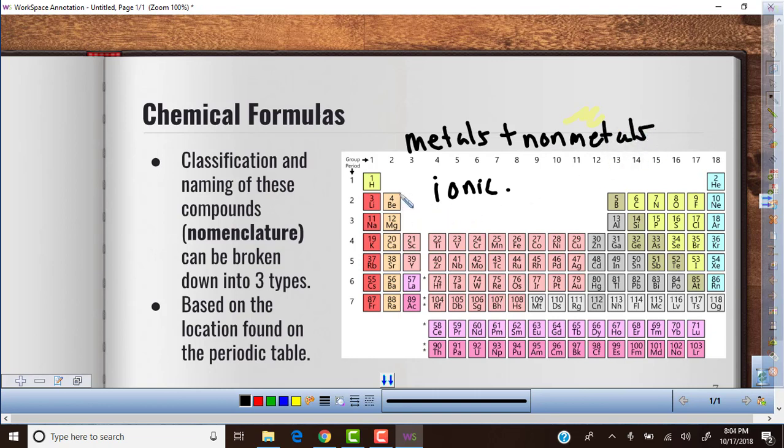But we're looking at specific types of metals to start off with. So what we're going to be looking at are the first 2 columns. Aluminum, gallium, zinc, and silver. So we're going to look at all of these metals and how they bond with nonmetals. We'll talk more about how these metals work in a later video.